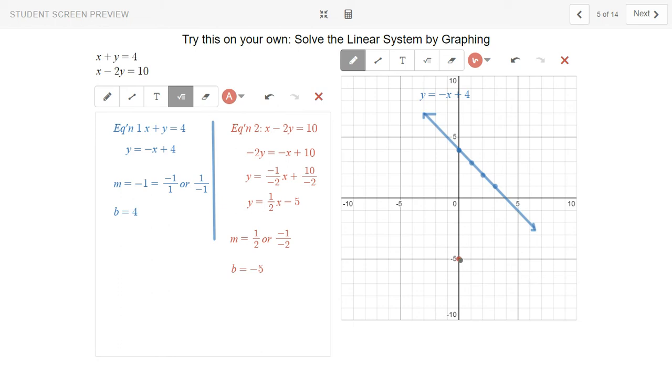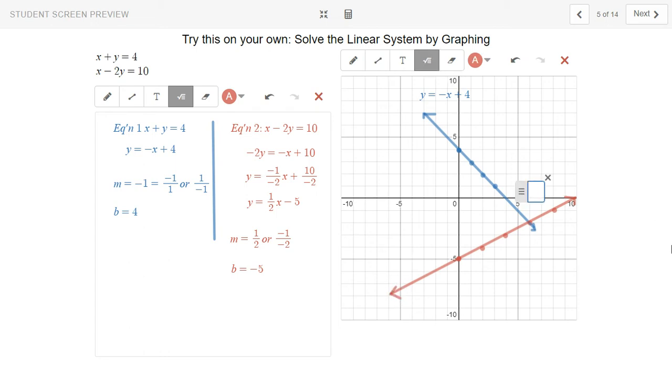So start at negative 5. We're going to rise 1, run by 2. Rise 1, run by 2. Rise 1, run by 2. Rise 1, run by 2. Right. Our line is here.